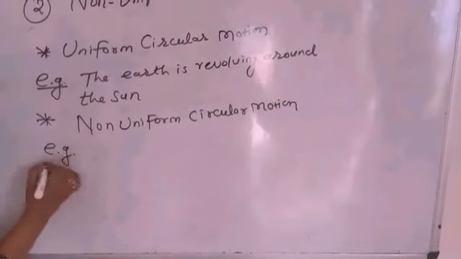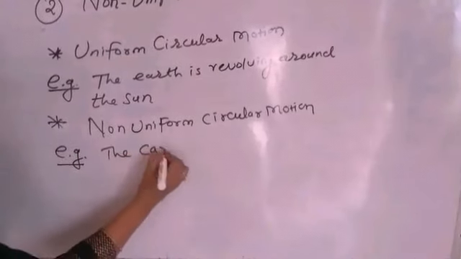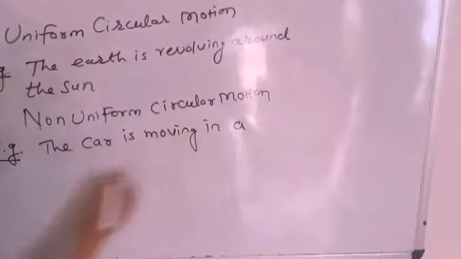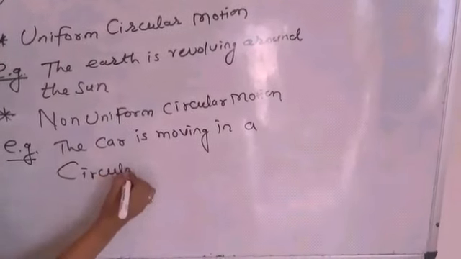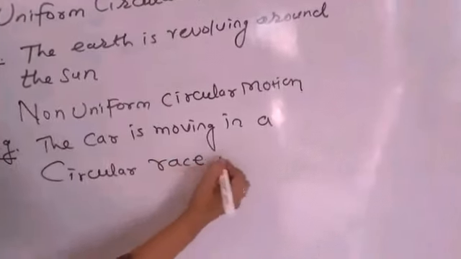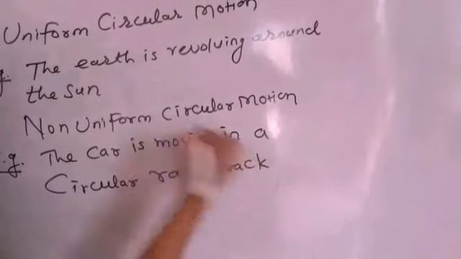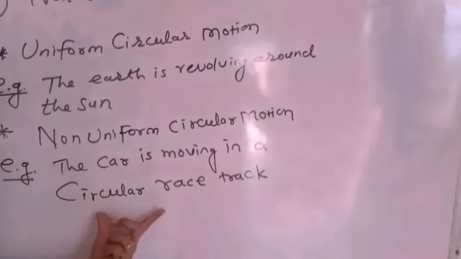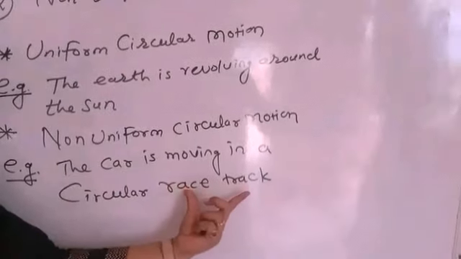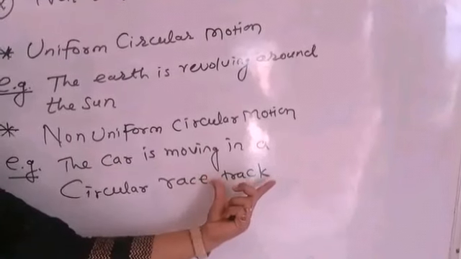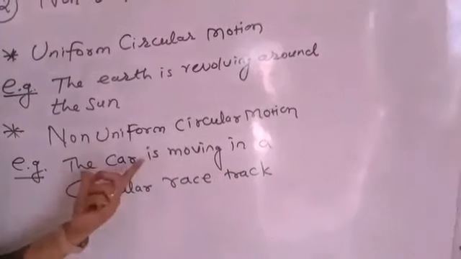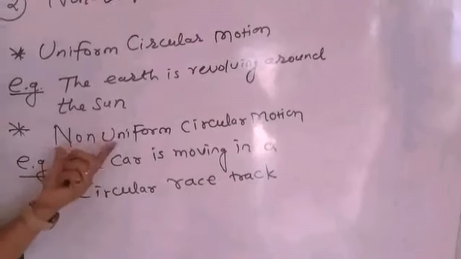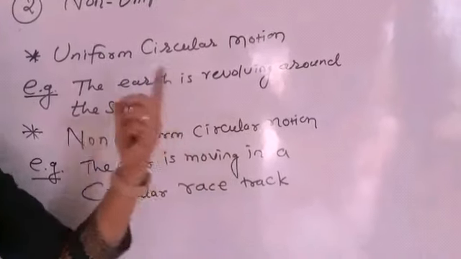For example, the car is moving in a circular race track. That means that when a car is moving in a circular race track, its speed goes on increasing, sometimes it decreases. So, the speed of a car is not constant here. That's why this is called as the non-uniform circular motion.